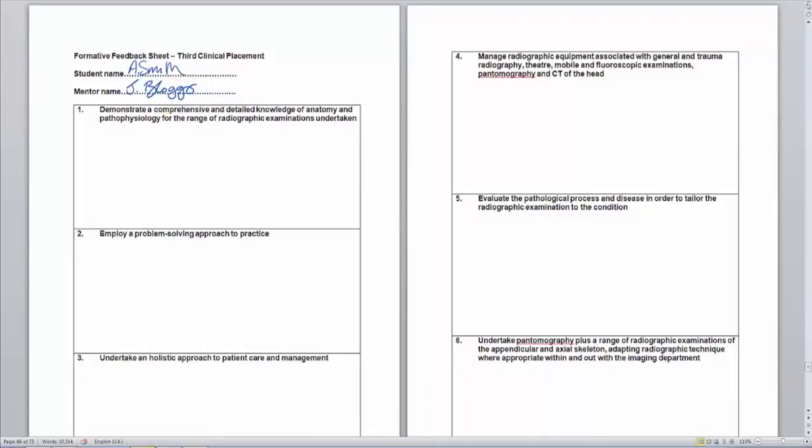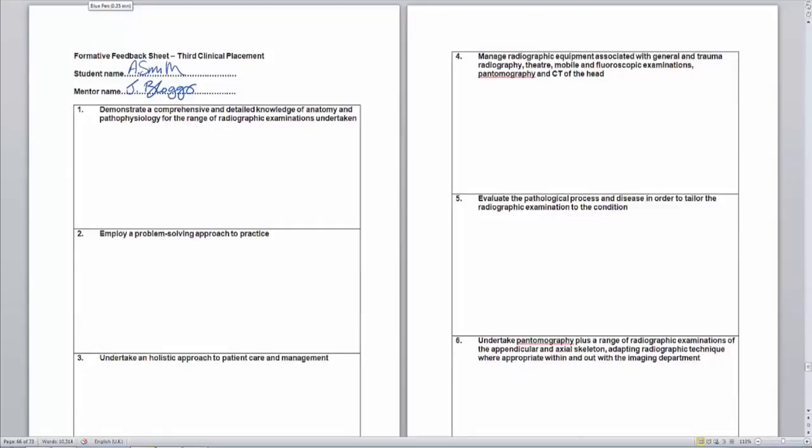Okay. So first of all, we're going to start off with learning objective number one, so learning outcome number one, and that is around knowledge of anatomy and pathophysiology for the whole range of imaging examinations undertaken.